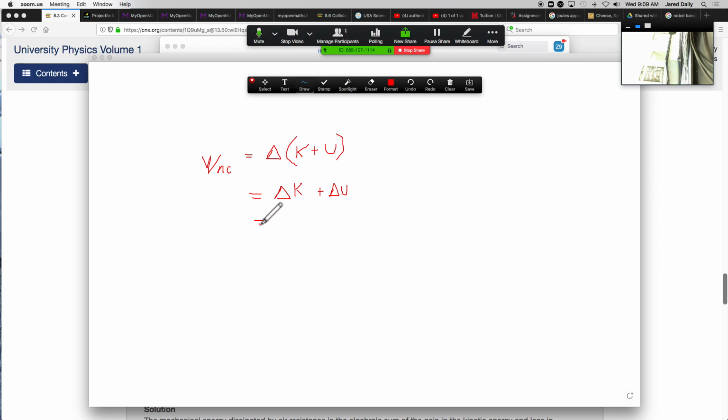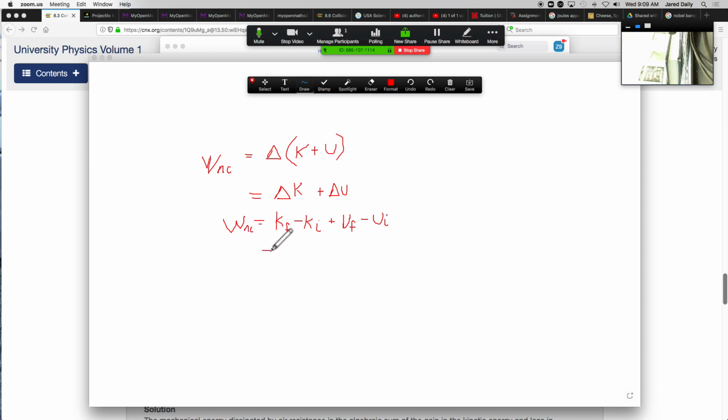And if we write it all out in terms of kinetic final and initial, this change in kinetic energy is kinetic final minus kinetic initial plus potential final minus potential initial. Right? That's what that is, and that's equal to the non-conservative work.